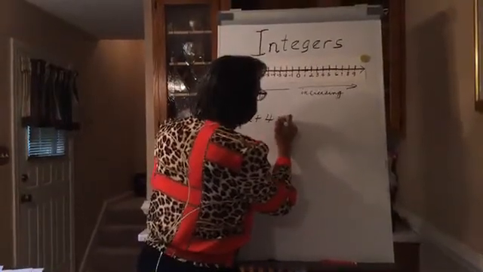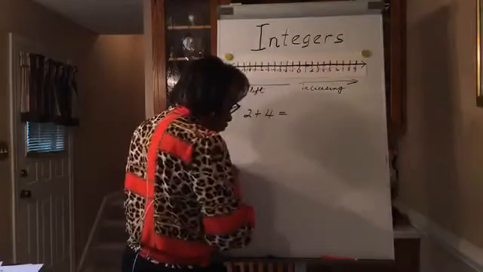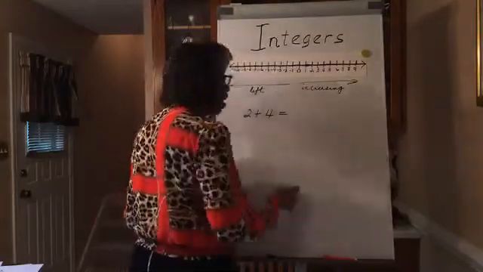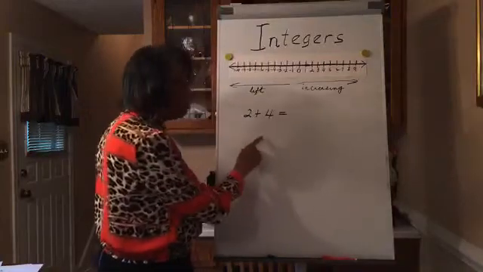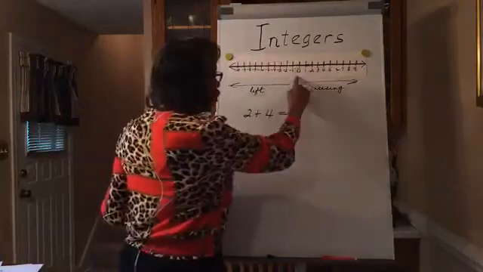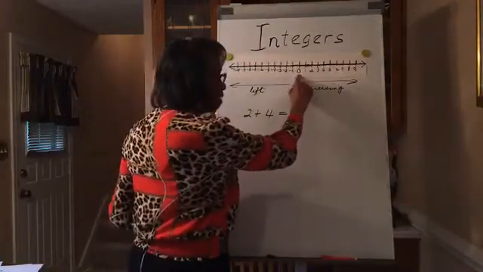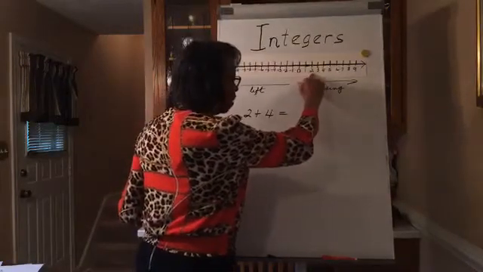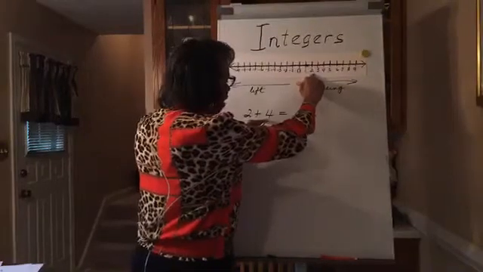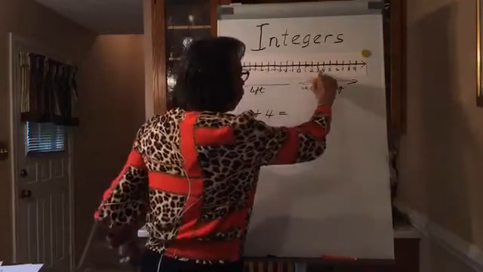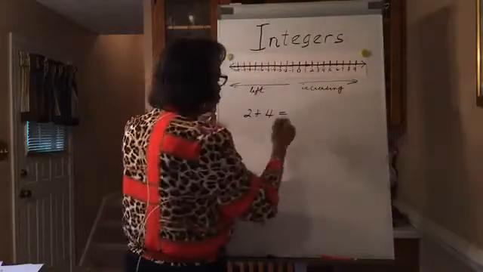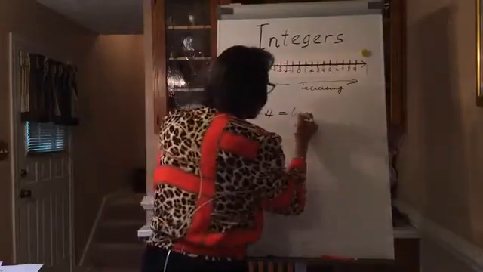You already know the answer, but I want you to use your number line and get used to using it, because we're going to really need it when we get a little further. We always start at 0, and we go 1, 2. The second number is positive 4: 1, 2, 3, 4. So the answer is 6.